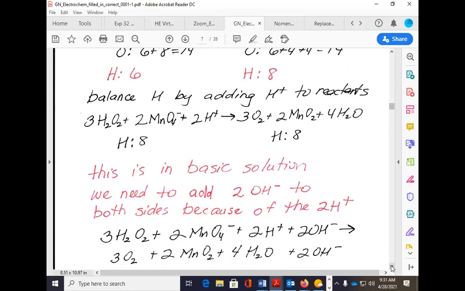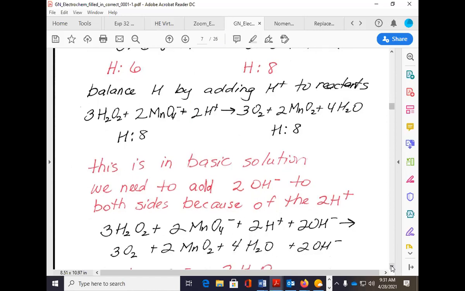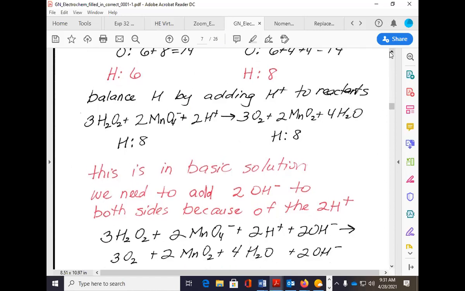So then when we put the hydroxides, here's our products. So it looks like that.